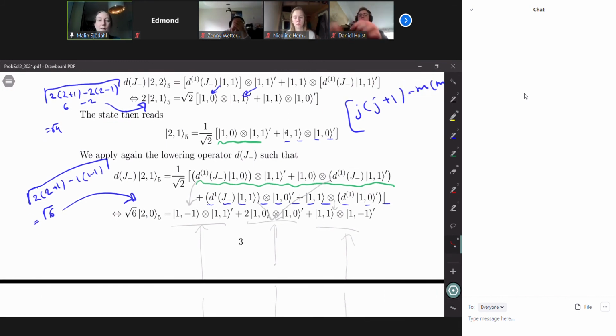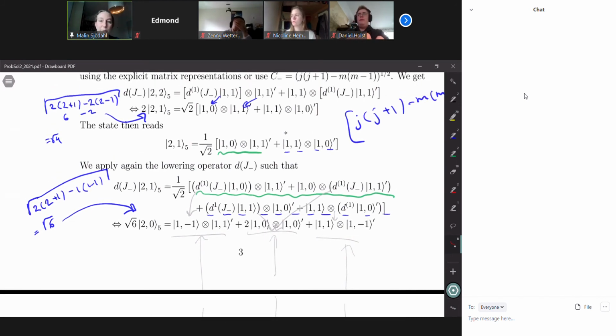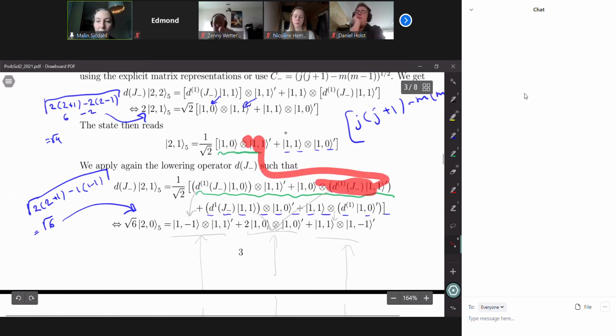Then, let's see what more we have. Yeah, then we have to act with the lowering operator. So it's the same game as before, but now we have more states to act on. First, we act with j minus on the first state here, and nothing happens to this state. And from this first line, nothing happens to the first state. And we act with j minus on the second state here, plus another line corresponding to the other state.